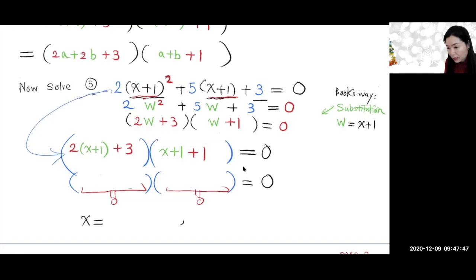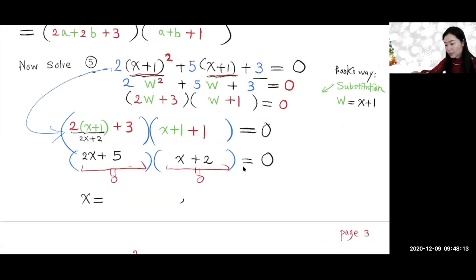So it is 2x plus 2 plus 3, which is 2x plus 5. So this is 2x plus 2, so 2 plus 3 make 5 over here. And this one over here, we get x plus 2.